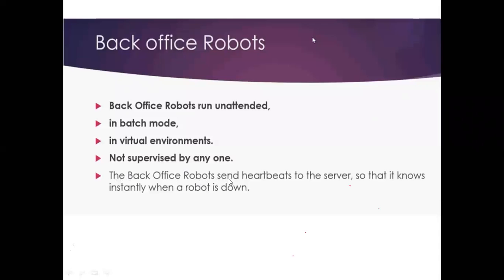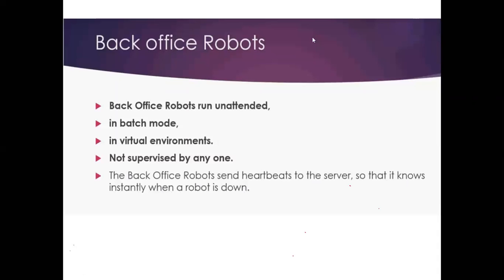The back office robots send heartbeats to the server so that it knows instantly when a robot is down. For example, we are going to develop a bot, nothing but a robot, and after developing, we are going to deploy it in 10 or 20 systems. My bot is running in the 20 systems performing some process.